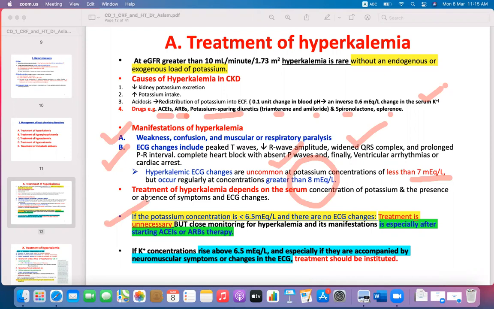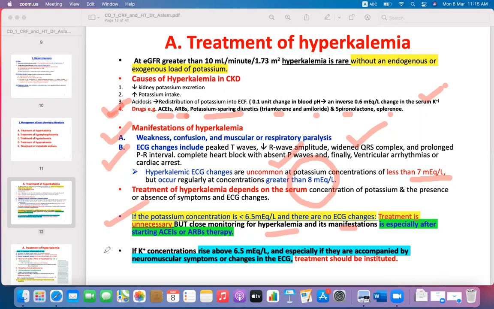But close monitoring for hyperkalemia and other symptoms, especially after starting these drugs, is very important, because these drugs increase the hyperkalemia.